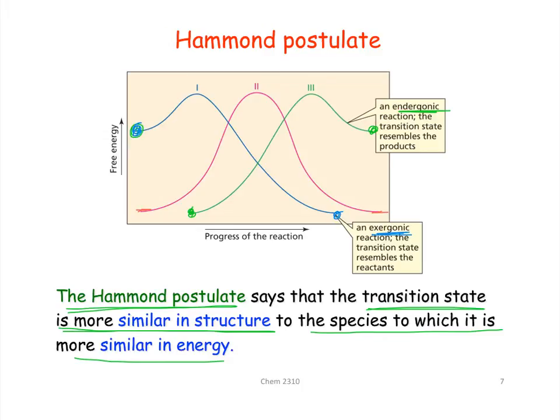All right, so let's look at the transition states. So here's a transition state here, 1, and if we compared it either to the reactant or the product in this reaction step, the structure of that transition state is going to be more similar to the reactant because that's what it's closest to in energy.